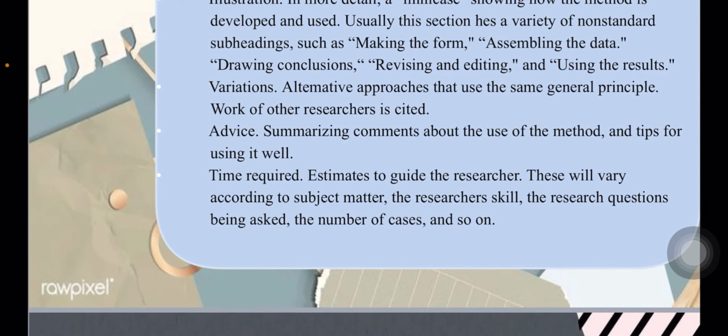Next, advice: summarizing comments about the use of the method and tips for using it well. And the last, time required: estimates to guide researchers. This will vary according to subject matter, the researcher's skill, the question being asked, the number of cases, and so on.